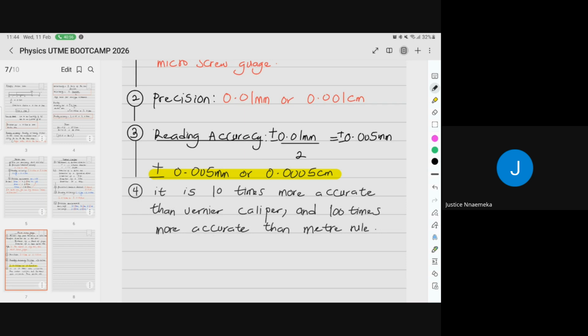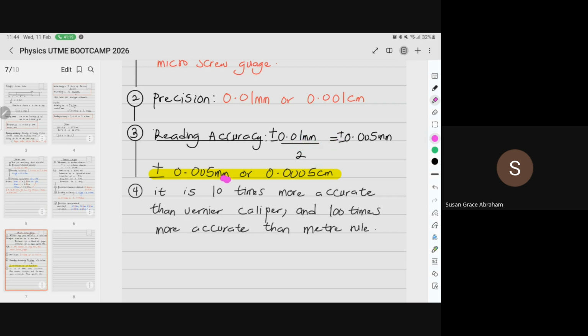Yeah, Susan, can you speak louder so that they can hear you? I said the reading accuracy, is that you divided that 0.01 millimeters by 2 to get 0.00005 centimeter? No. What I did is that you divide by 2 to get the reading accuracy.